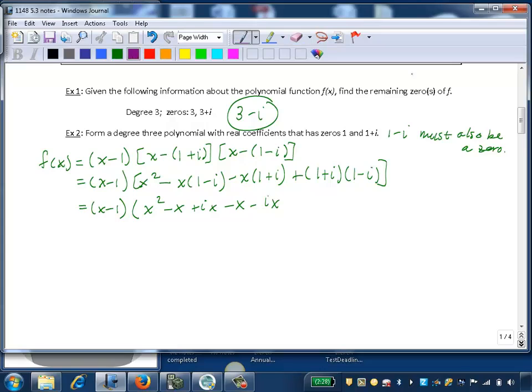So if you want to remind yourself, when we multiply a plus b and a minus b, you could FOIL to distribute your multiplication, but you're going to see that you just get a squared minus b squared. So in this case, our a is 1, so 1 squared is 1, and our b is i, so minus i squared.